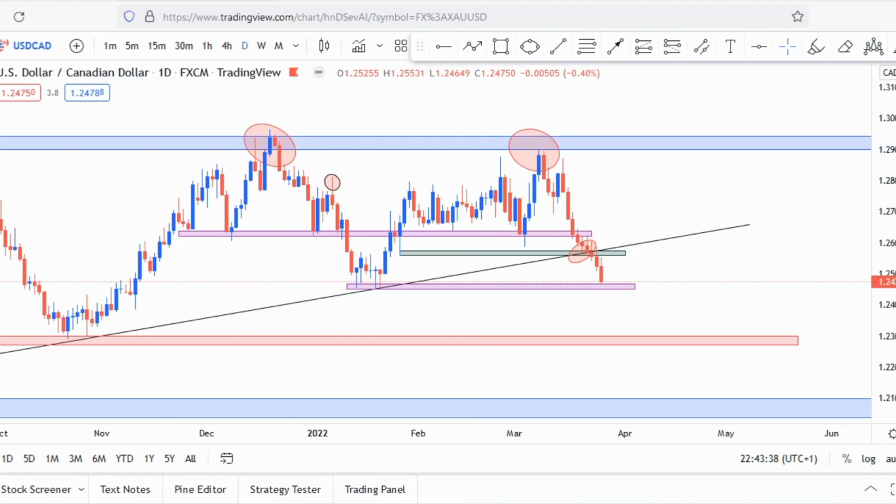All right, these are the possibilities that I've mentioned. One of them, which is very unlikely, is for price to bounce from here all the way back to resistance up there.